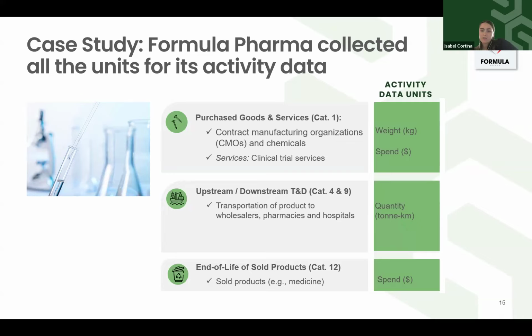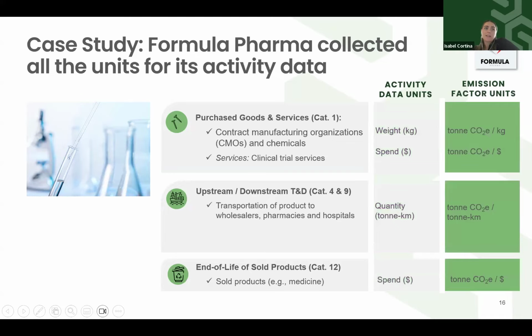For transportation and distribution of products, they use a unit of quantity through ton kilometers. So that's really how much did they transport and how far did it go. The end-of-life treatment of sold products, they'd estimate based on spend or the dollar value of the products that are sold. Now that they have those units, let's look at how they applied the emission factors.